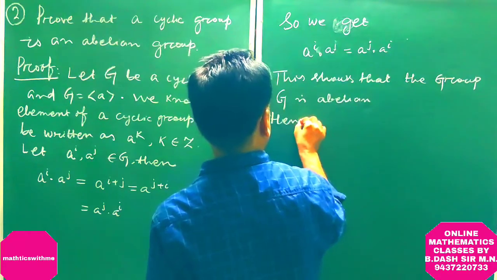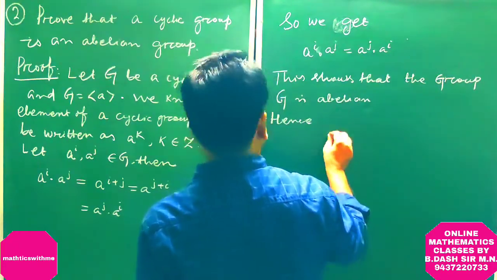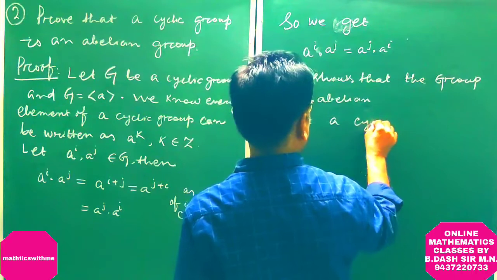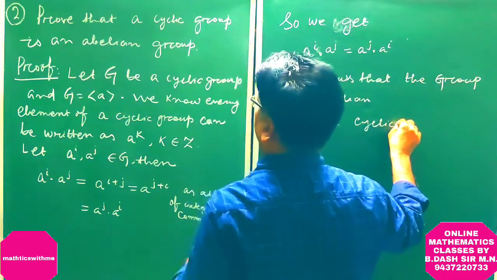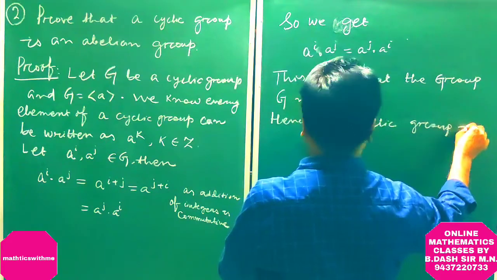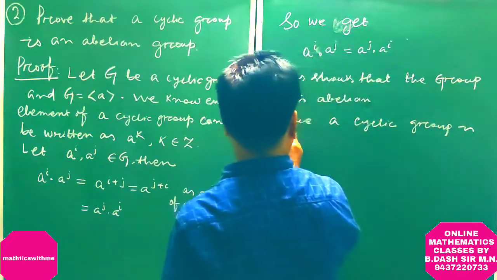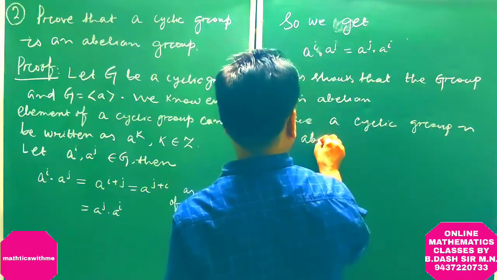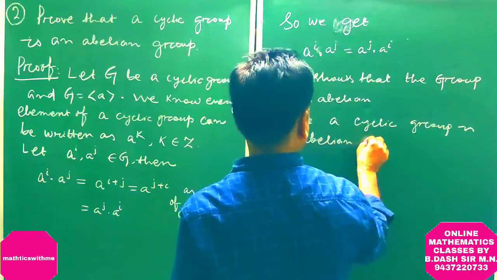Hence, a cyclic group is an abelian group.